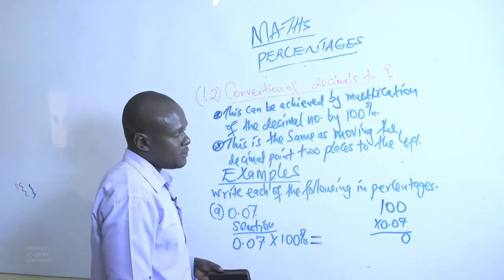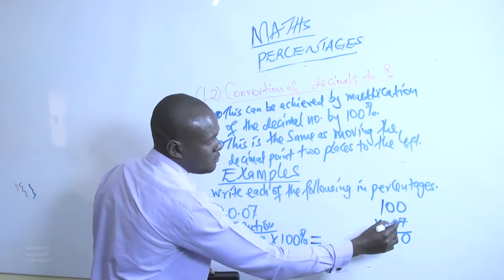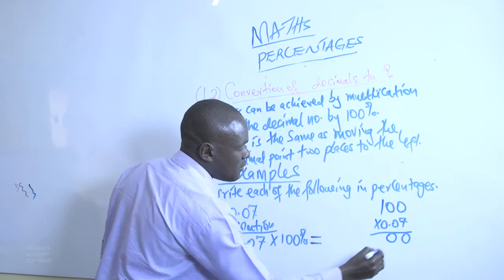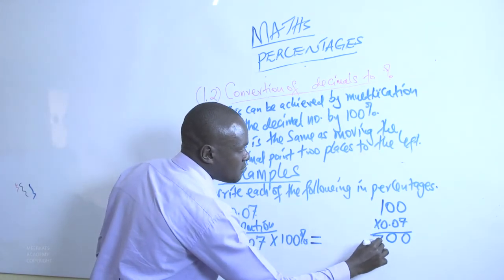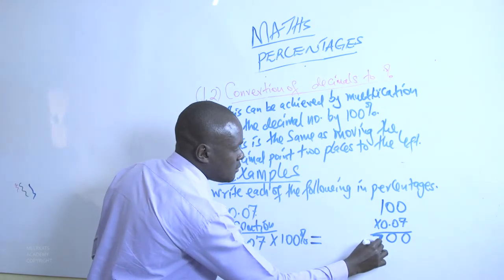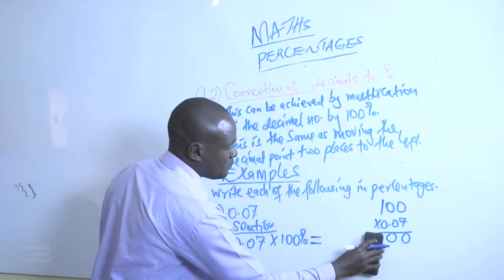And a number multiplied by 0, it will always give us a 0. 7 multiplied by another 0, it will give us a 0. 7 multiplied by 1, it will give us 7.